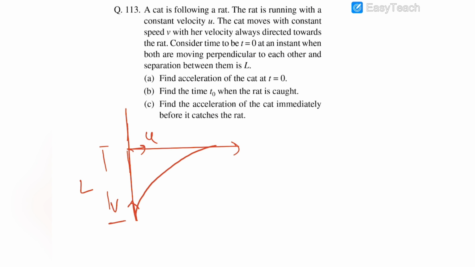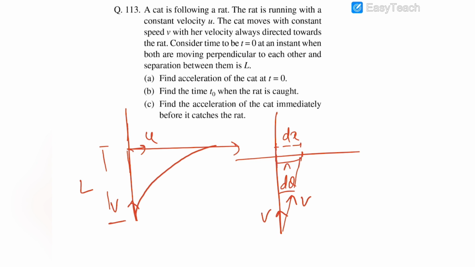Let us suppose that in some time the rat moved by a distance of dx, and the velocity vector of the cat changes its direction like that. If this angle is d theta, this is the change in velocity of the cat, dv.